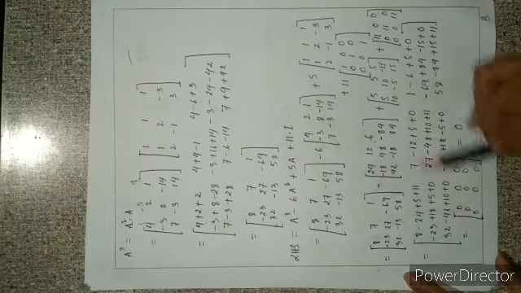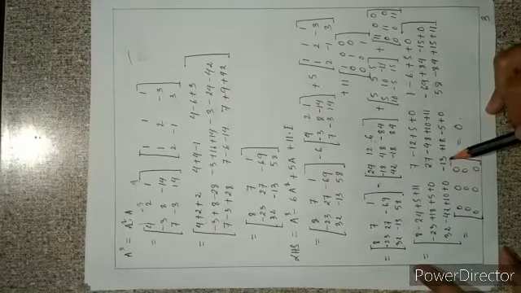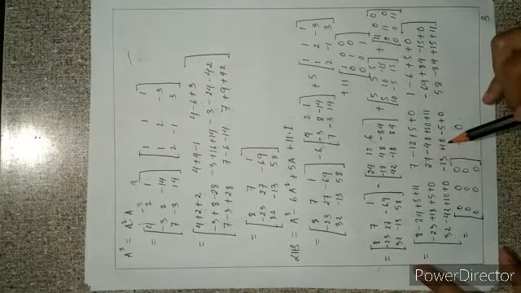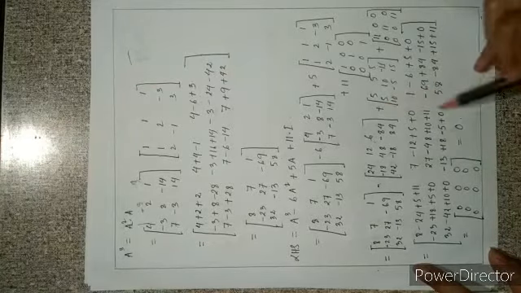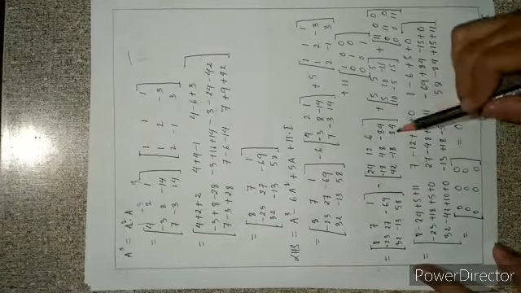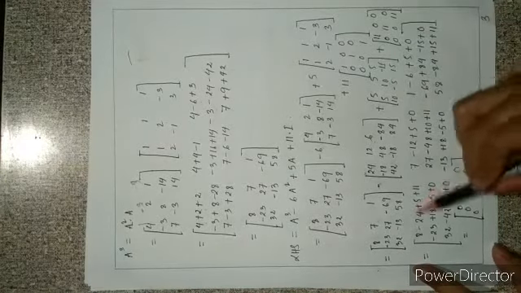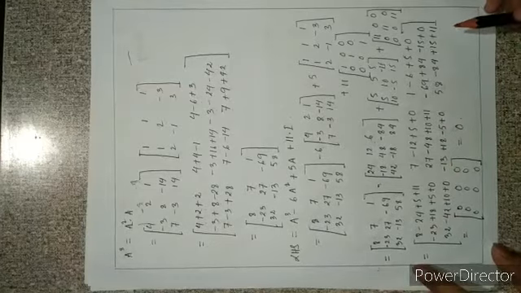Corresponding elements are minus 42 plus 10 plus 0. Write minus 13. Corresponding elements minus minus plus 18 minus 5 and 0. Last element is 58 minus 84 plus 15 and plus 11. And find these values.